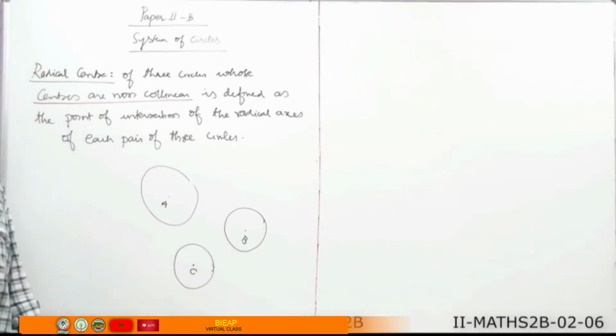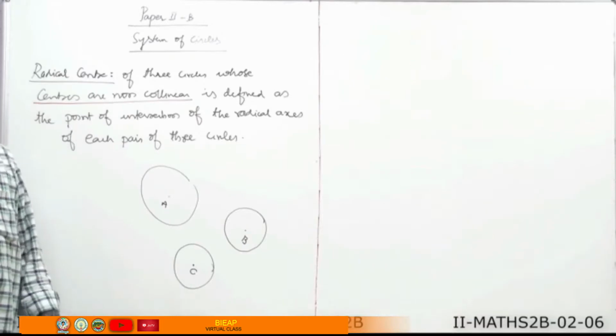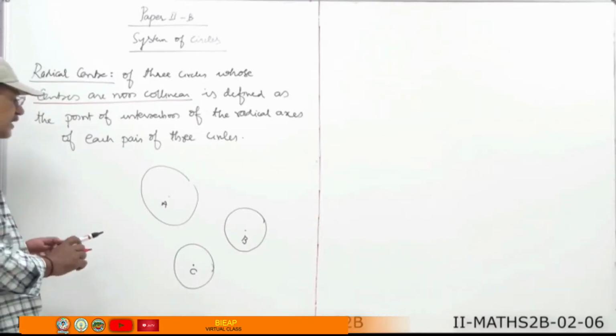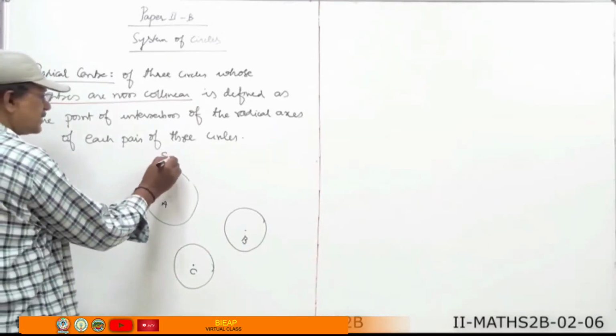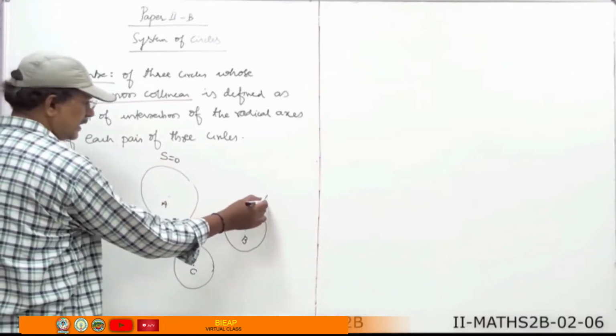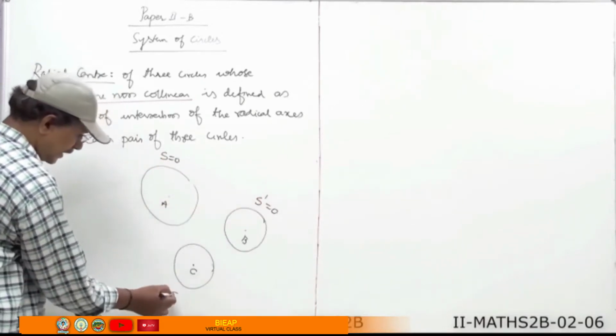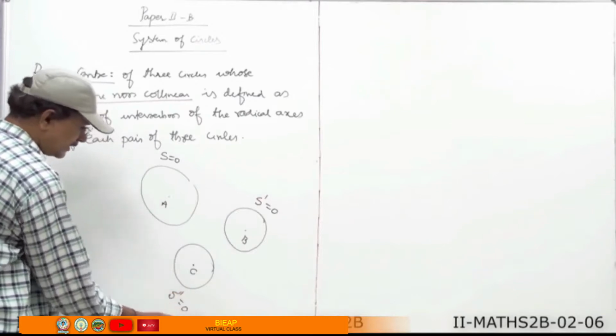Non-collinear means they are not lying on the same line. Then I call the first circle S is equal to 0, the second circle S dash is equal to 0, and the third circle S double dash equal to 0.